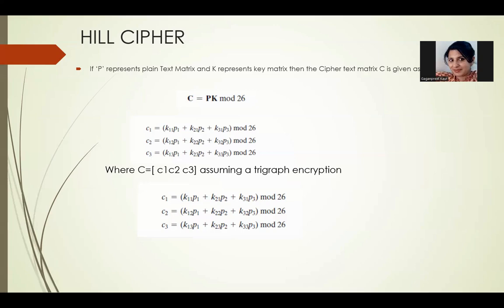So S will be P1, A will be P2, and Y will be P3. To have the corresponding ciphertext value C, I will have encoding for S, encoding for A and encoding for Y, which would be represented by C1, C2, C3.